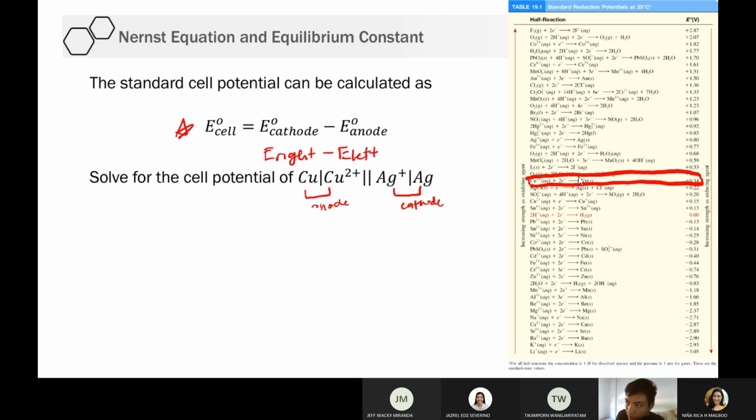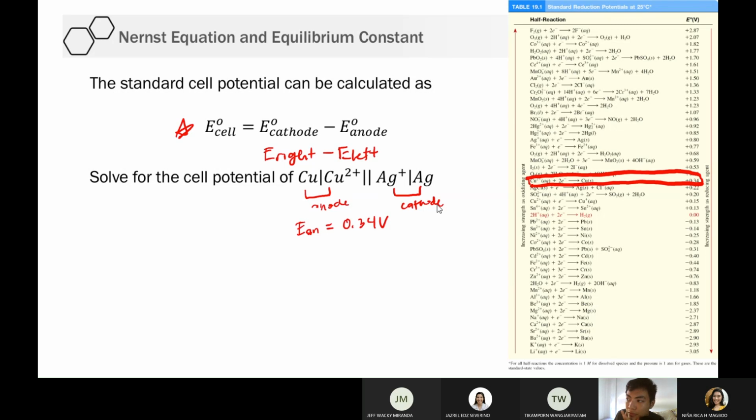For example, you have copper 2 plus here, and then we have copper metal here. So you use that cell potential. Don't mind whether that is reversed or not. What we are after is the cell potential here, which is 0.34. So the E anode will be 0.34 volts.